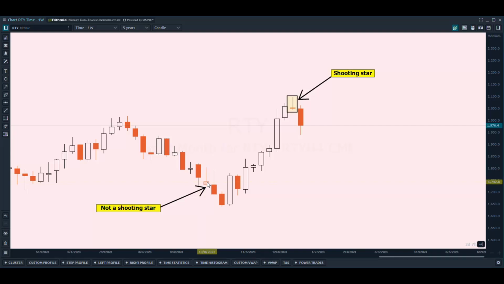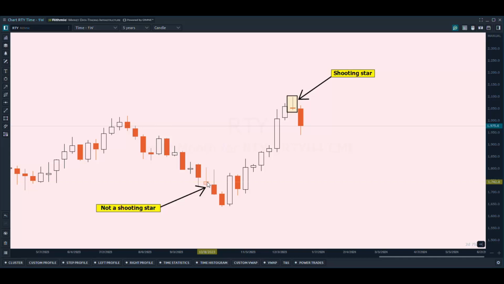That is just something to remember with the shooting star, but also any candle setup: it's not just the physical characteristics of the actual candle. You do need to have the trend, and it needs to be located in the right part of the trend for it to truly be a candle that has a high probability of either an upside reversal or a downside reversal.